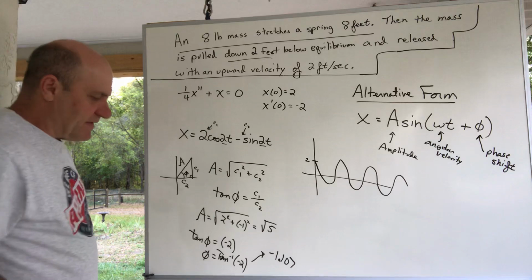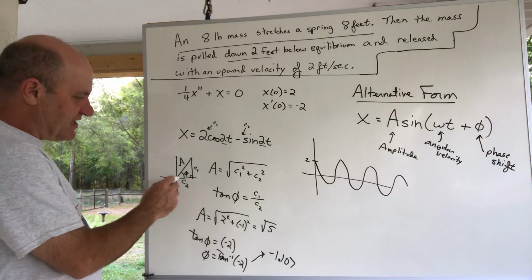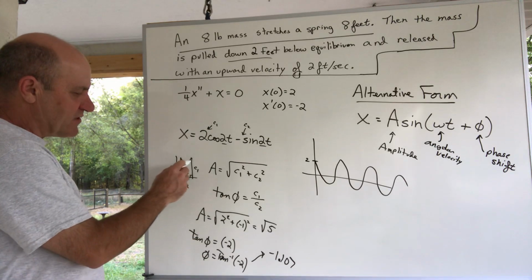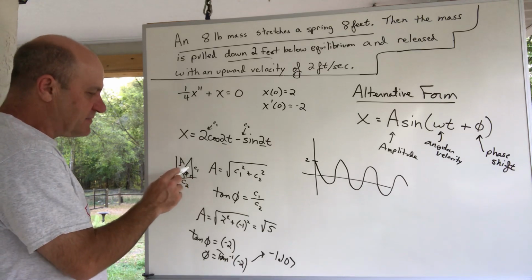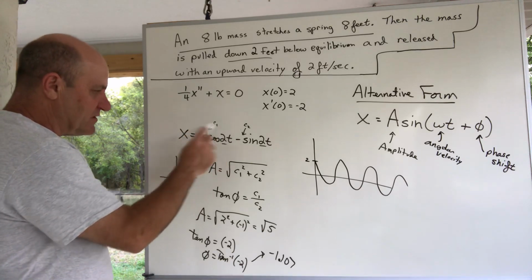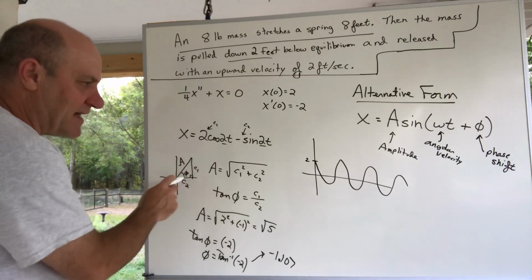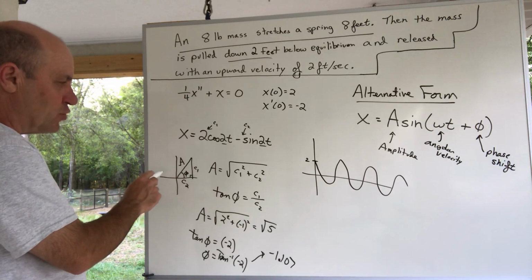Now here's the problem with that. According to this picture, C2 is on the x-axis, C1 is on the y-axis. If I drew this picture with my C2 and C1, I would have an angle over in quadrant 2.